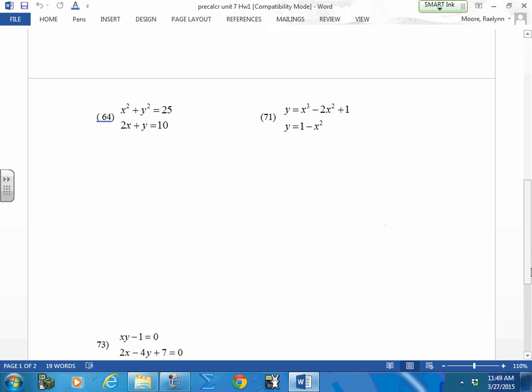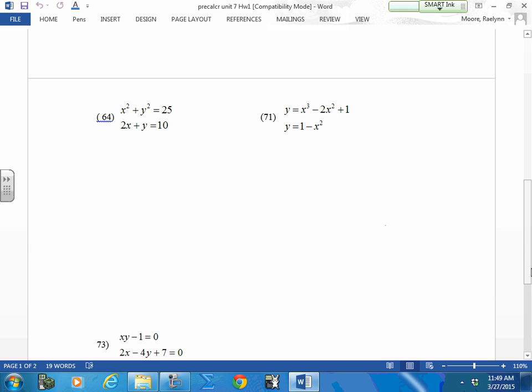Circle. With the second one, a line. You don't want to do y equals y on these. You don't want to put that in your calculator because you've got to take the square root. And you're going to get a plus and a negative, which means you're going to have to do this twice. One for the positive part, one for the negative part. Because a line can cross a circle twice, once, or none.